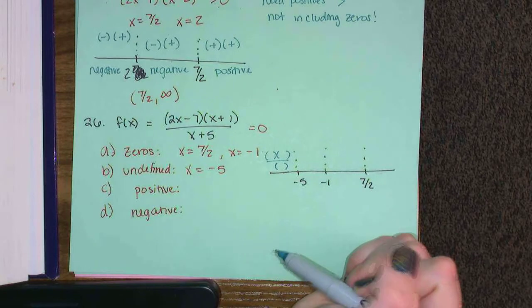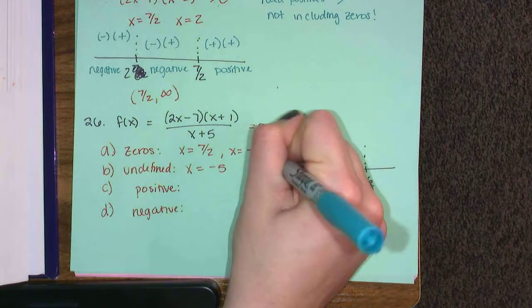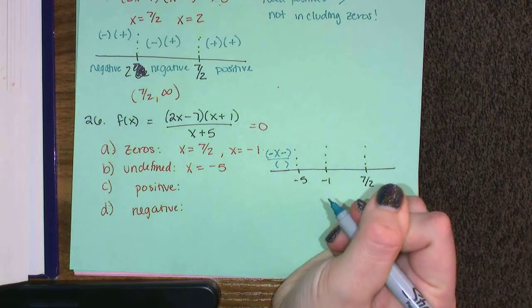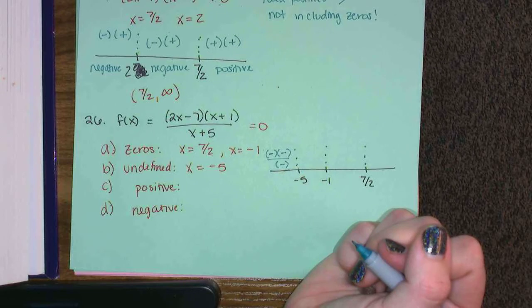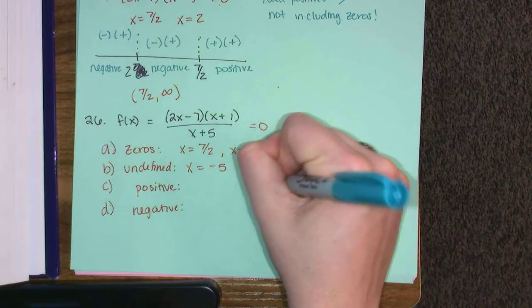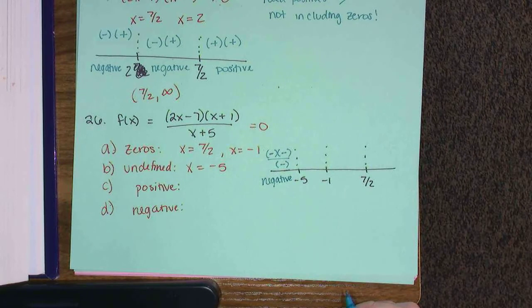Okay, negative 6, so what happens to each one? So meaning it's what? Negative.